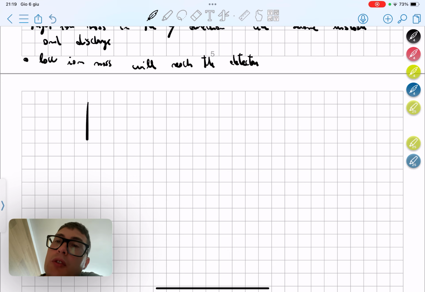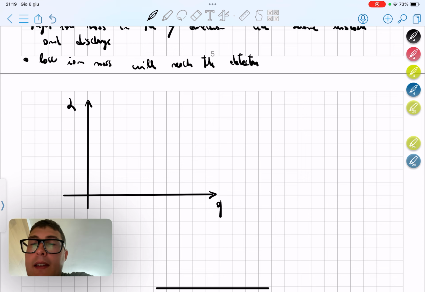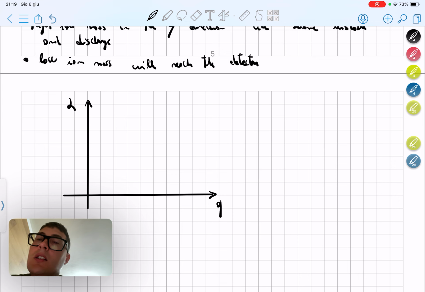Often there are also some plots associated to this. The plots are something like this, in which we have the q and the alpha respectively on the x-axis and y-axis.